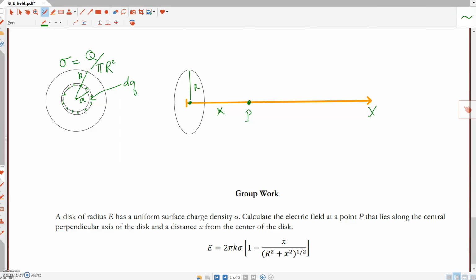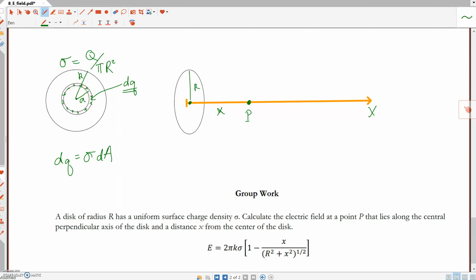Okay? So the next piece of the puzzle that you need is what is dq. That's a hard thing. Well, if you've never done it before, it's hard. So dq is the charge density times the area. But what is the area of this little ring?